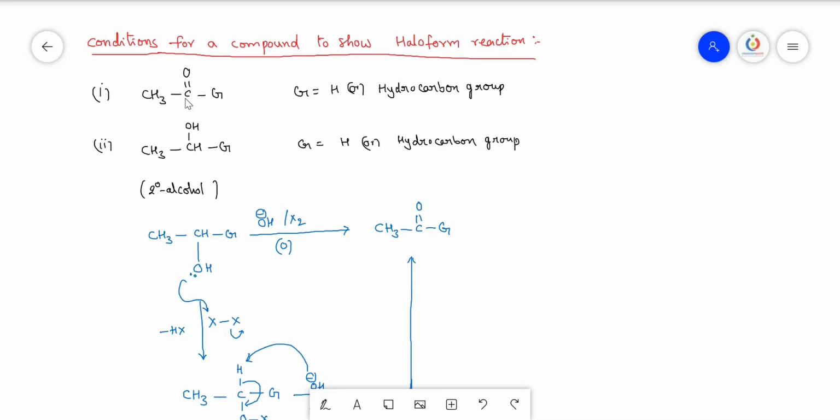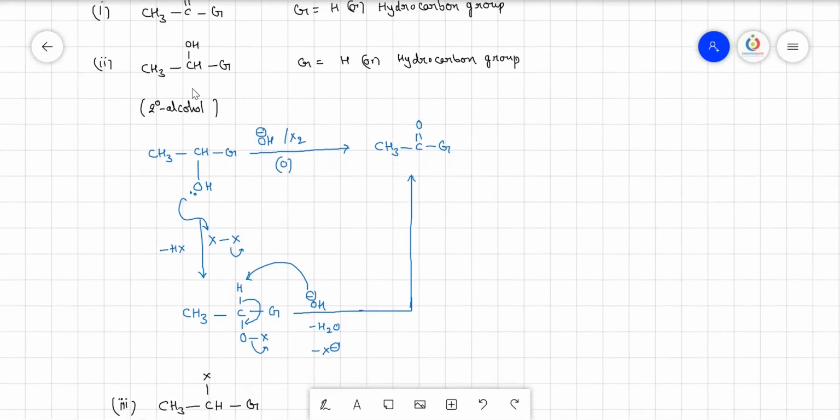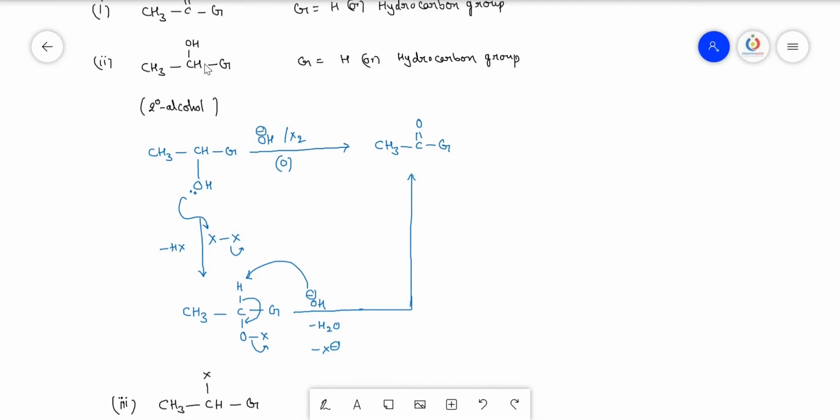So the compounds with the CH3CO group all show the haloform reaction. Apart from this, secondary alcohols also show a positive haloform reaction. Here G stands for again hydrogen or a hydrocarbon group.